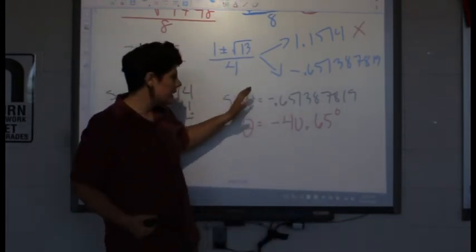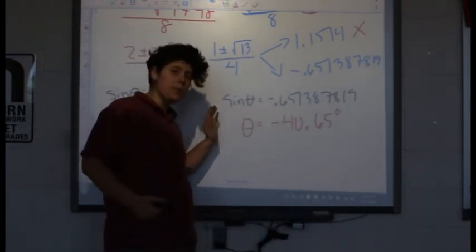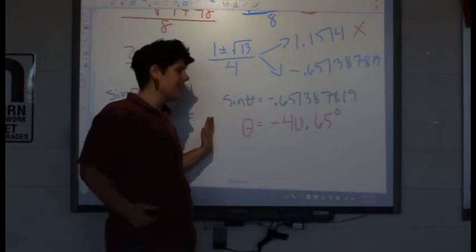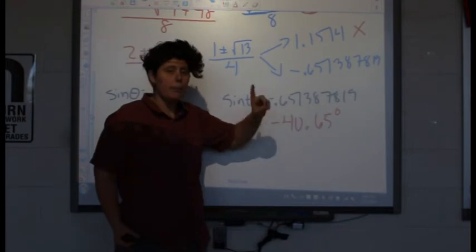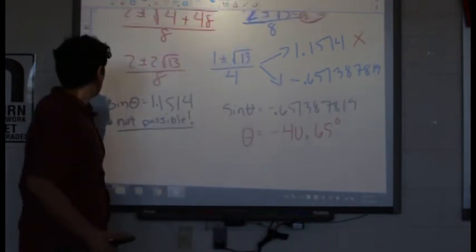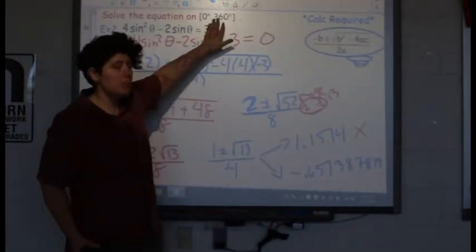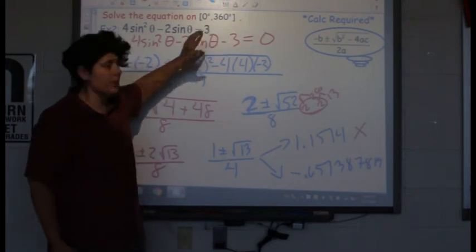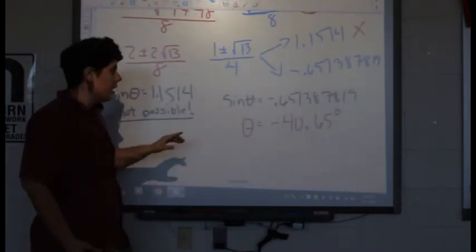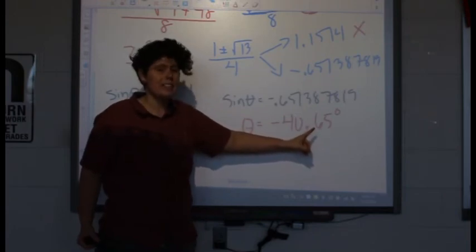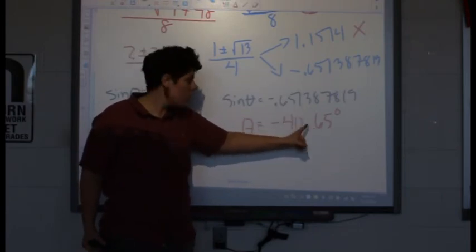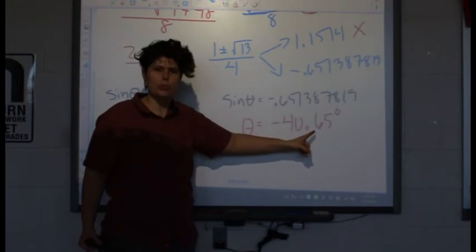Now think about this answer clearly. We've talked about sine inverse and how its range is from negative pi over 2 to pi over 2, or negative 90 to 90. That's why your calculator returned a negative angle to you. But look at the question. The question specifically says between 0 and 360 degrees. Is this between 0 and 360 degrees? No, it is not on my interval. So, can I come up with a coterminal angle?